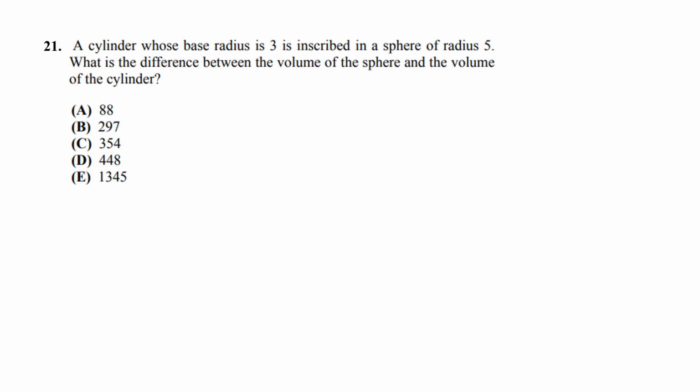In 21, we have a cylinder whose base radius is 3, inscribed in a sphere of radius 5. What is the difference between the volume of the sphere and the volume of the cylinder? Let's draw this out. We have our sphere, whose radius is 5, remember that.